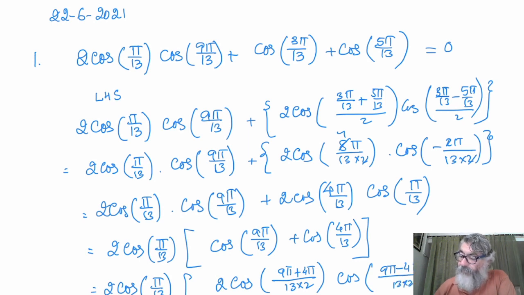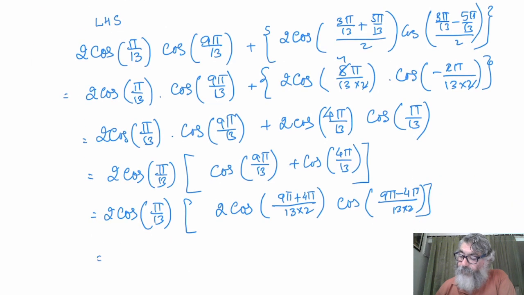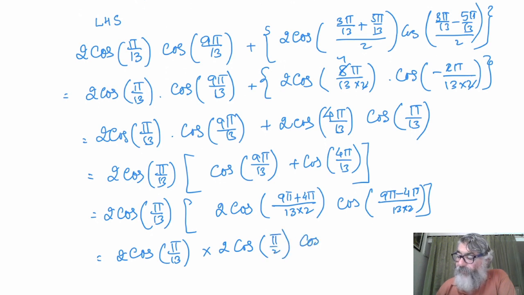So it will become what? It will become 2 cos pi by 13 into 2 cos 13 pi upon 13. 13 will cancel. It will remain pi upon 2, and cos 9 minus 4 is 5 pi upon 26.